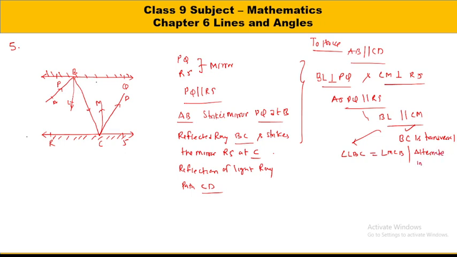These are alternate interior angles, and these alternate interior angles are equal. Now comes the next part of this question, that angle MCB is equal to angle MCD, as angle of incidence is equal to angle of reflection.